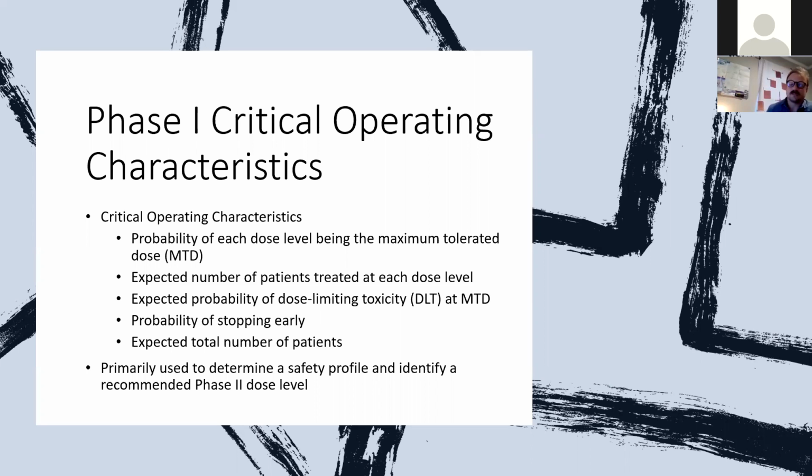So what's going to happen is once we design the trial, our goal itself is to determine what the safety profile of the drug is, and then also identify a recommended phase 2 dose level.